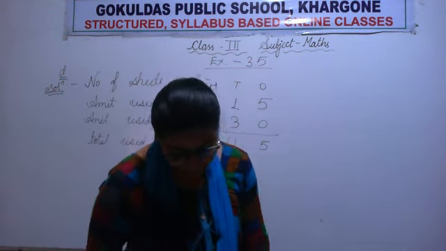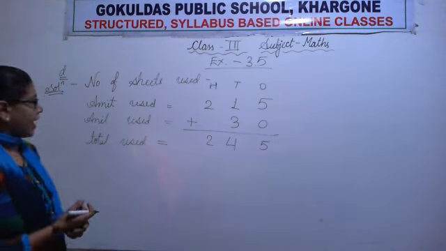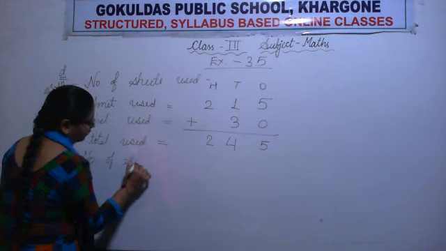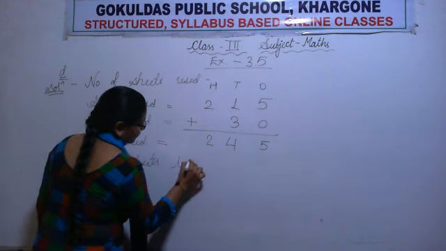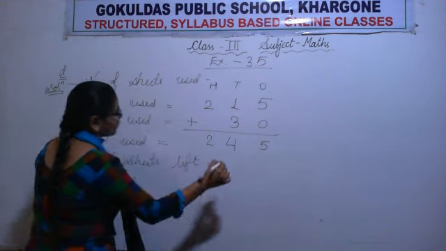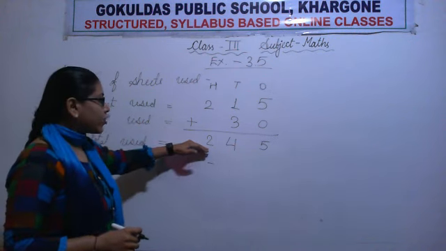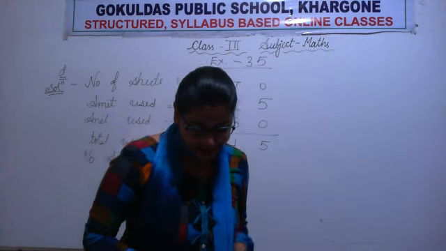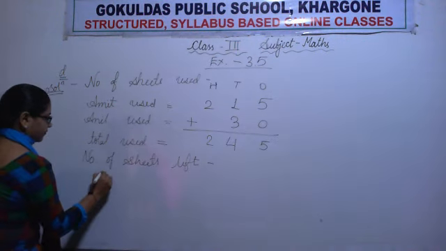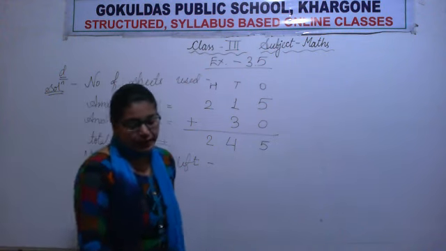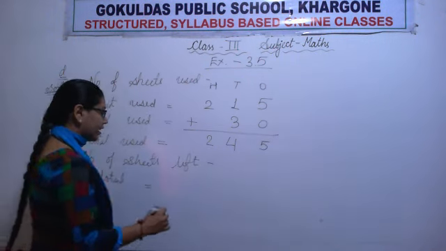Now we need to find how many sheets are left. So for finding out the number of sheets left, we will subtract the used sheets from total sheets. So total, how many sheets were there? 500.